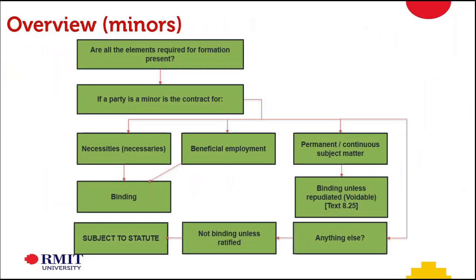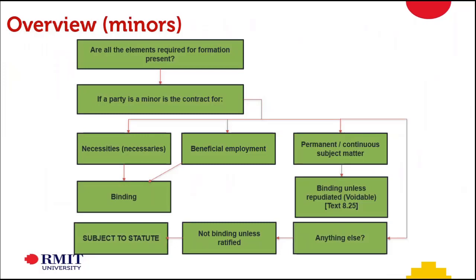So it's not that you can just get out of a contract because the other party is a minor or was drunk or otherwise. And it's not all contracts. A contract for necessaries or a beneficial contract of employment will still be binding on the minor. There's no issue there.